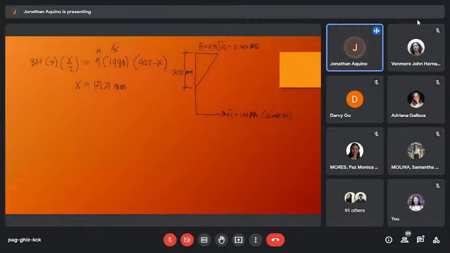Okay. So from the internal couple, the centroid of the compression is located 1/3.